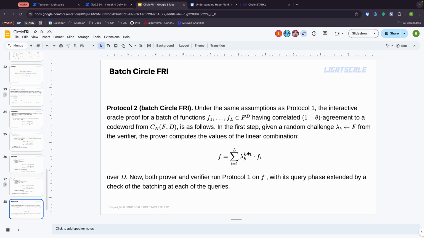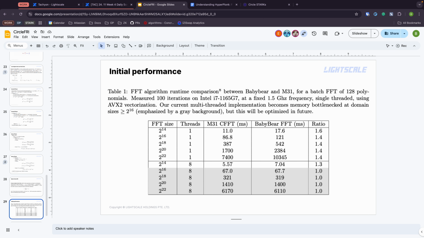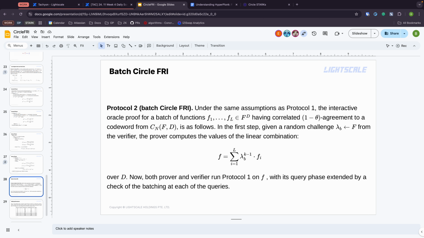In my view, after starting on the paper, I first thought that the f here is like the column in the table or circuit. After reading the paper again, I realized that these f_i's are the unfolded polynomials and f is the folded polynomial.